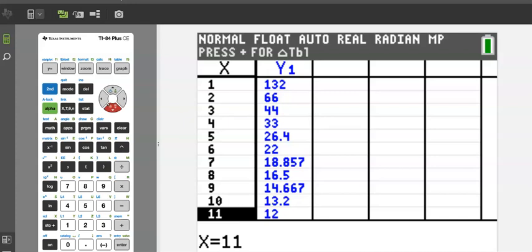So 1 times 132 is 132. 2 times 66 is 132. 3 times 44 is 132. So here's a fast way that you can look. And notice right here is where you would actually stop, because we don't want to go past 11, because our next number over here was 12.